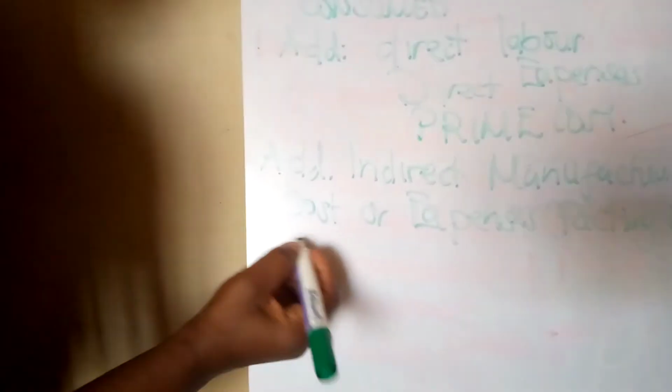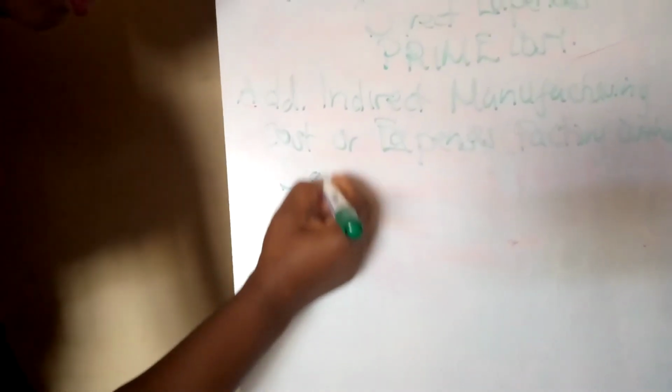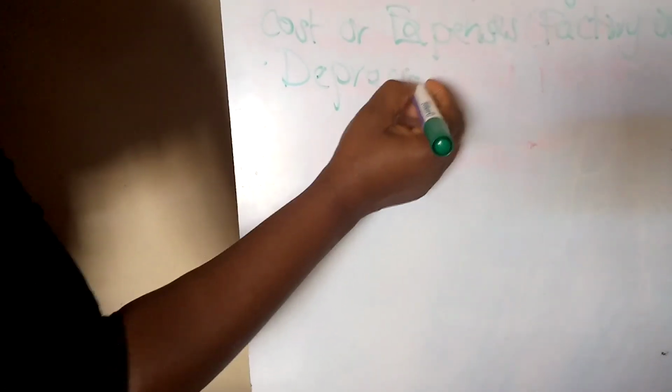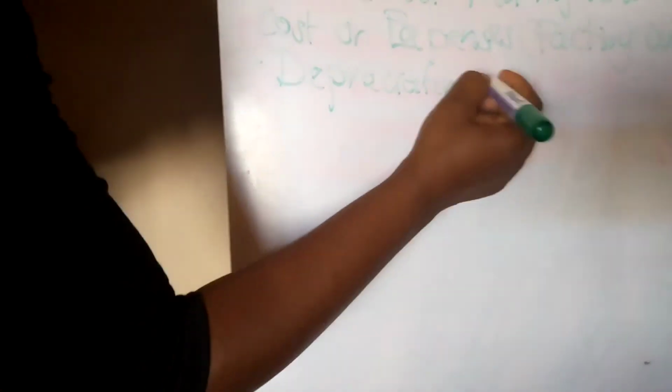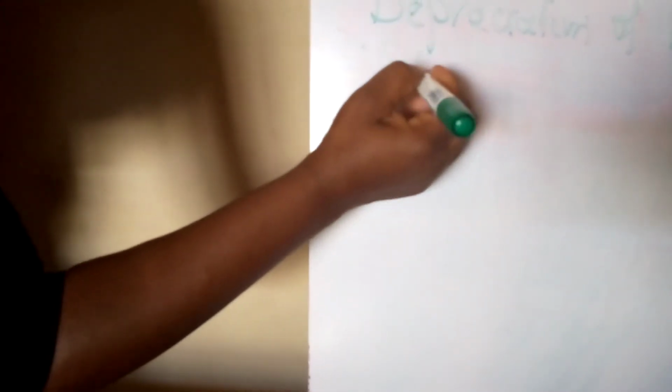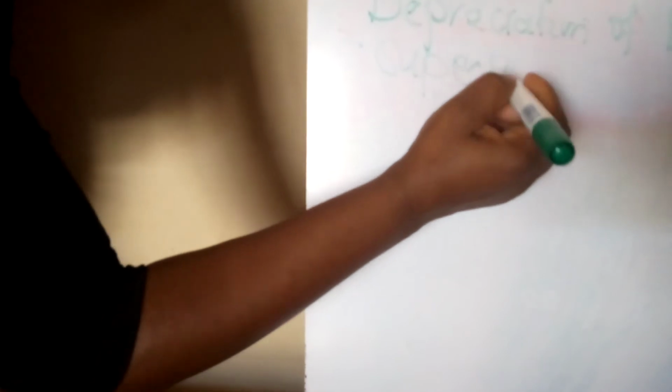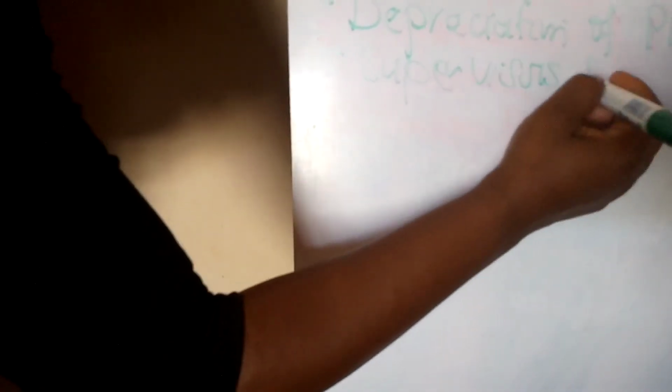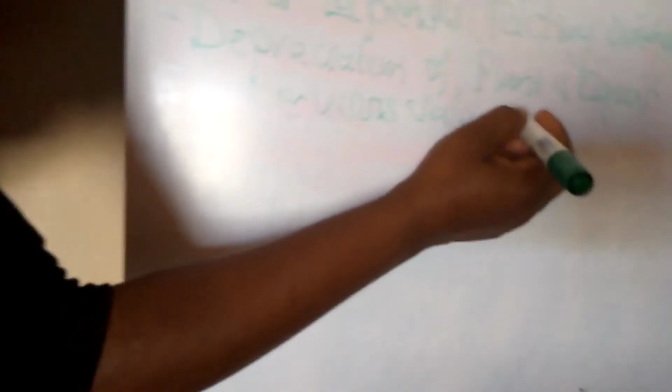Under factory overheads, I'll mention a few examples that could be added on the prime cost because there are many. I'll start with depreciation of plant and equipment. Then I can also mention the supervisor's salaries.